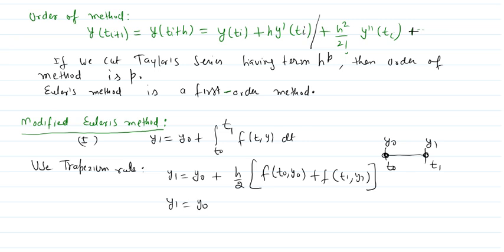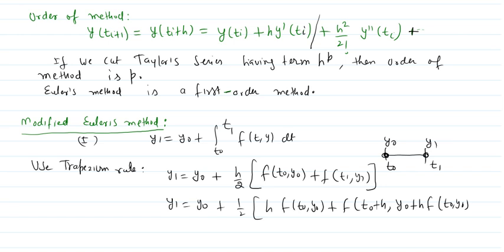So I am taking h inside and I am writing t1 as t0 plus h, and this y1 I am writing by Euler's method that we have written earlier. Okay, so y1 is y0 plus h f(t0, y0).